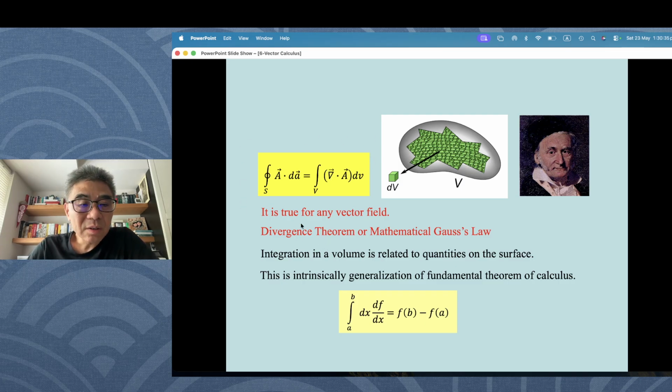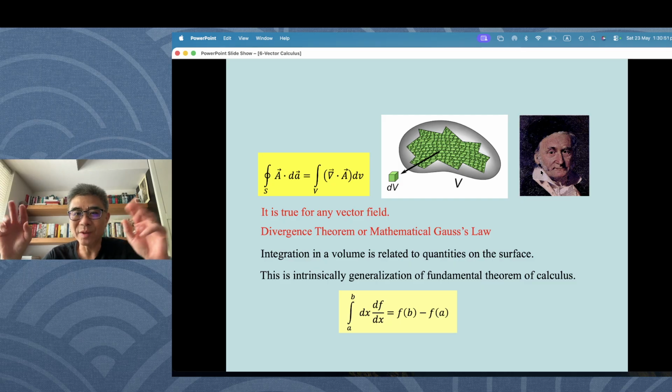This is usually called the divergence theorem, or sometimes just called the mathematical Gauss's law or Gauss's law. It was originally invented by Gauss. Somebody will say he is not just one of, but the greatest mathematician of all time.